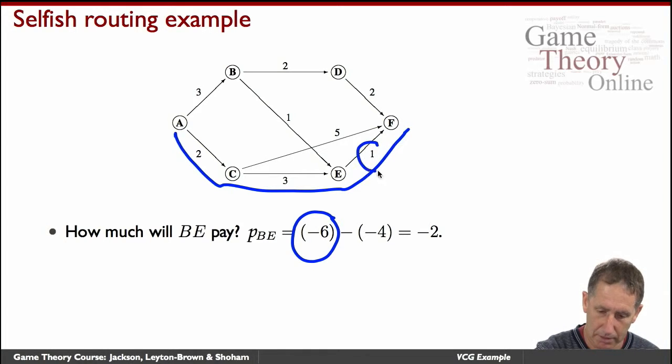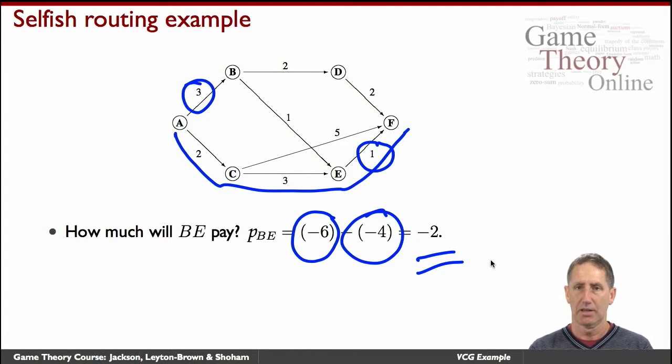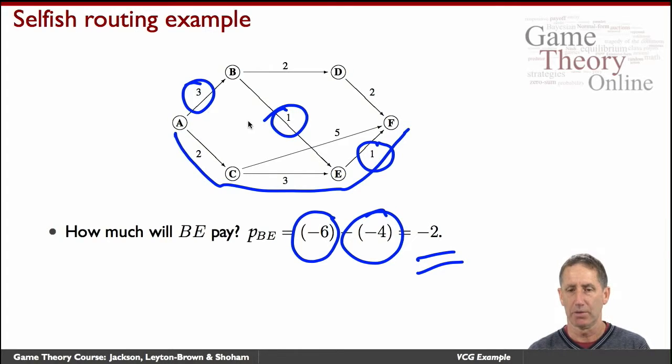Why is that? It's 1 plus 3. And so this is the minus 4 over here. So the net of it is that the cost imposed by VCG on the link BE is minus 2. In other words, they would get a payment of 2, making again a profit of 1 if you wish.